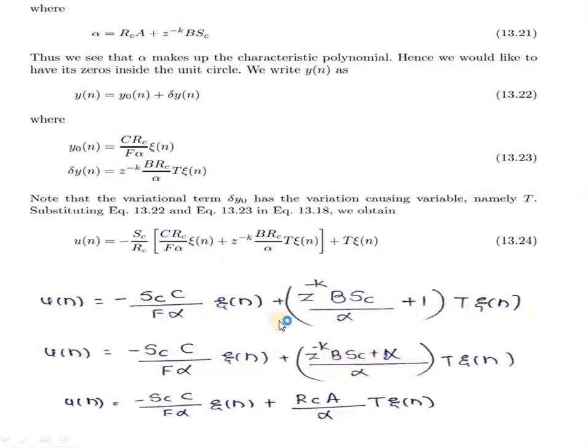As we have put this into the left hand side, it comes out to be alpha minus z raised to minus k beta into sc is equal to a into rc. Means instead of this term we write a into rc. Therefore instead of this term we have written rc into a divided by alpha, and the same equation is as it is.